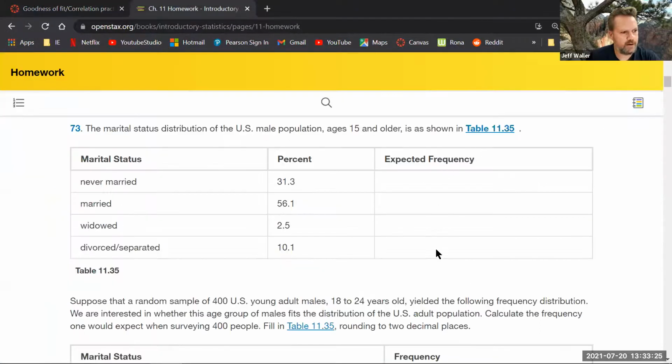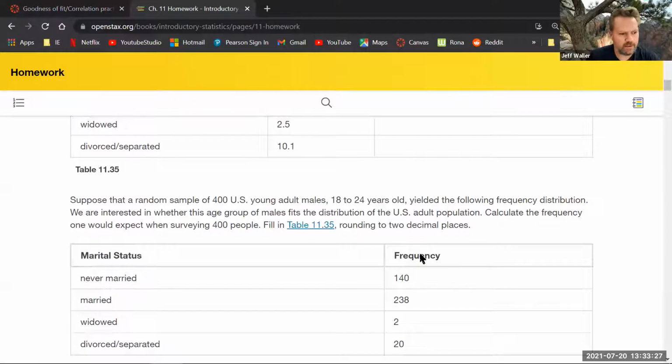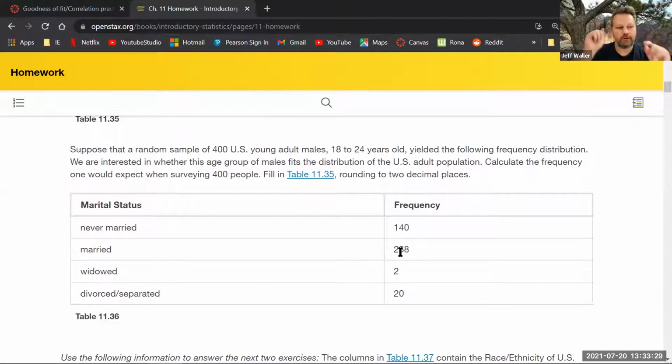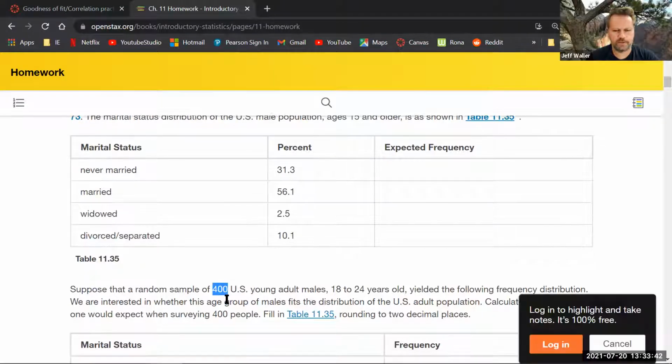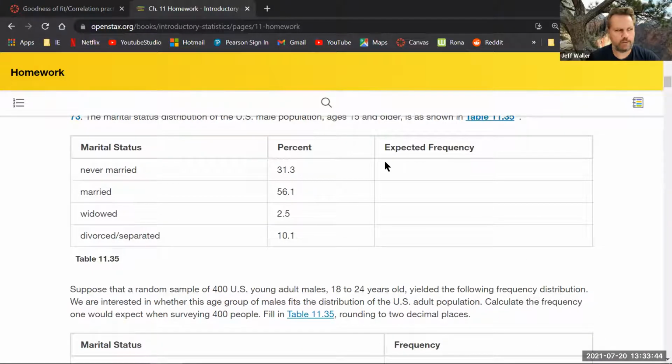It's how you calculate the expected, and these are your observed. So neither one of these is your table. You're going to construct your table. Here are the observations. Calculate what the expected ones are going to be, because you know there's 400 total. How many would you expect to never have been married?